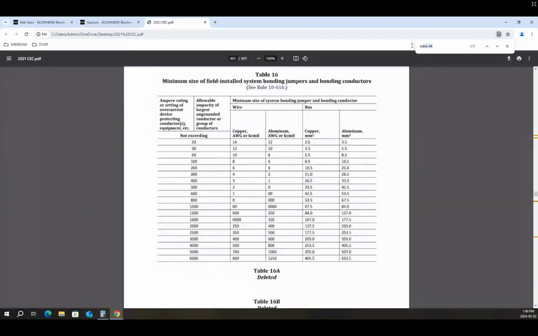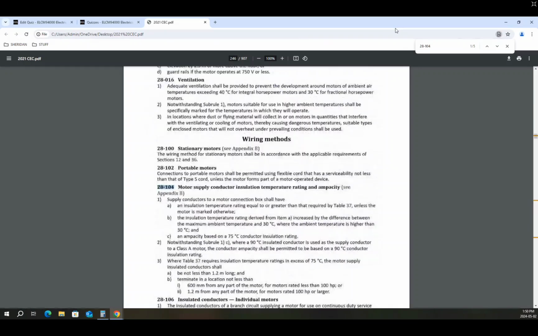So I'm going to go back to 28,104. I'm actually using the 2021 code here.